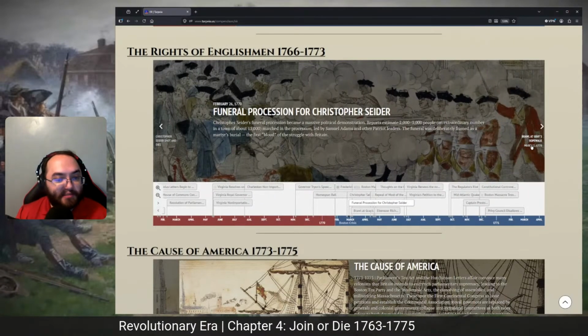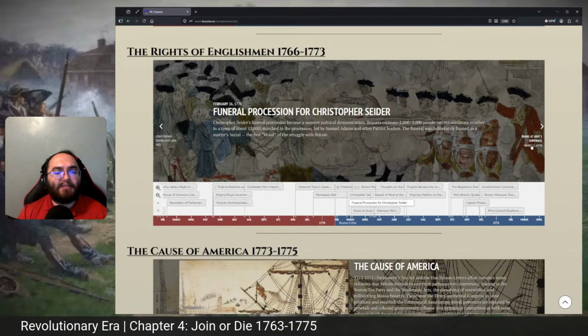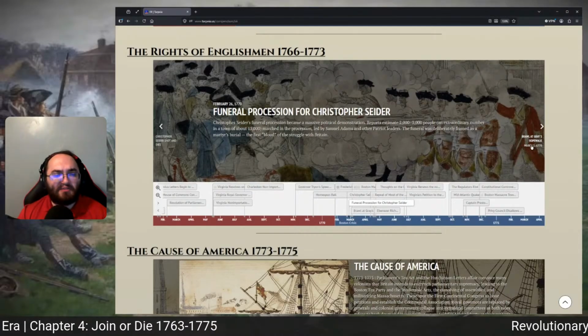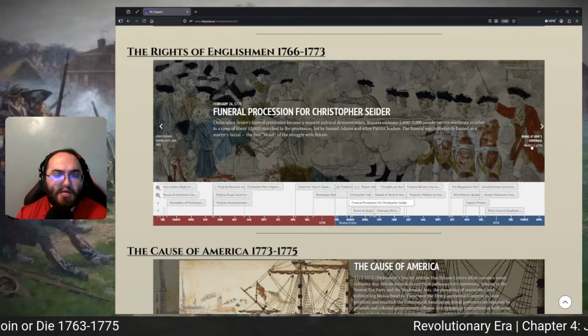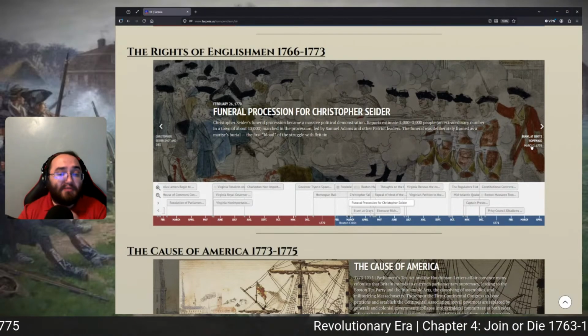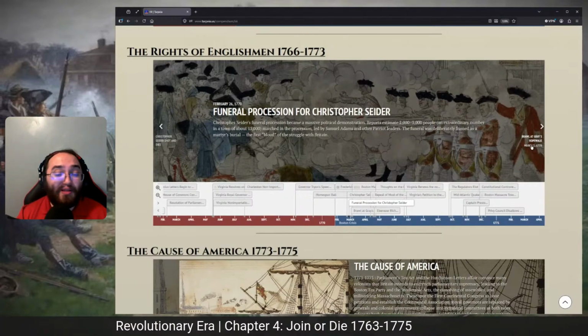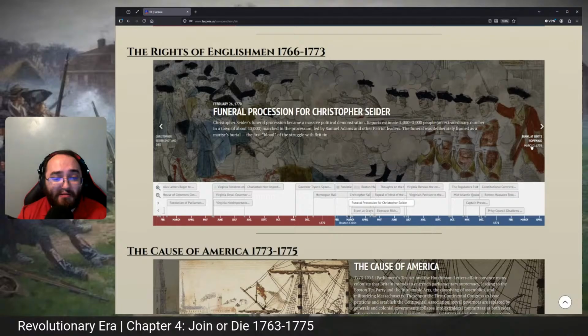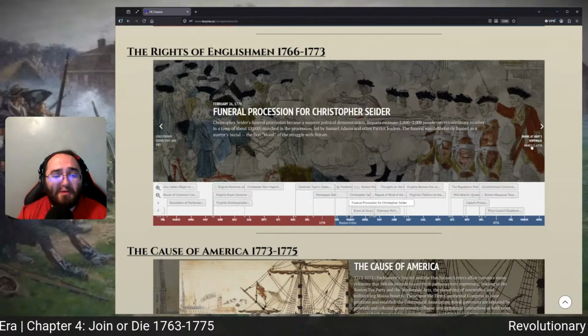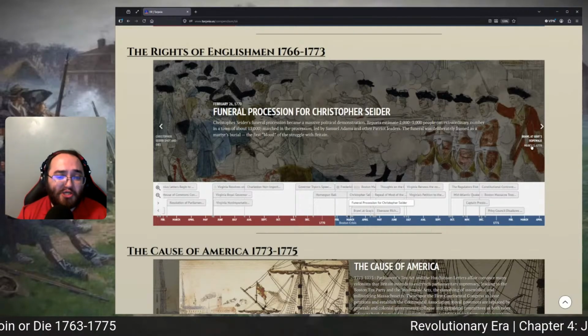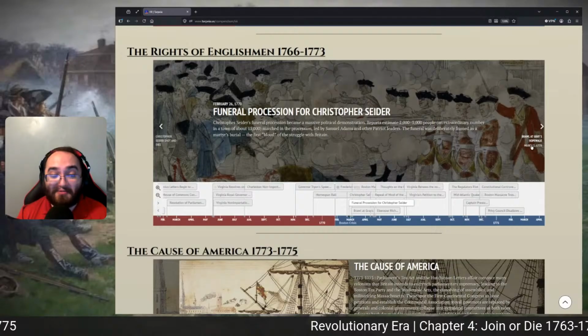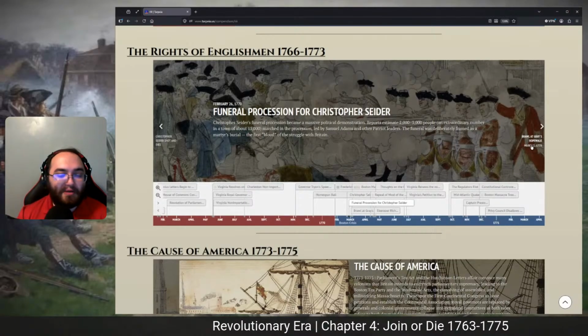And so Seider dies, and there is a massive, and I mean massive, funeral procession, which became a political demonstration, where around 2,000 or around 3,000 people in a town of 15,000 people marched in the procession, led by Samuel Adams and other Patriot leaders.